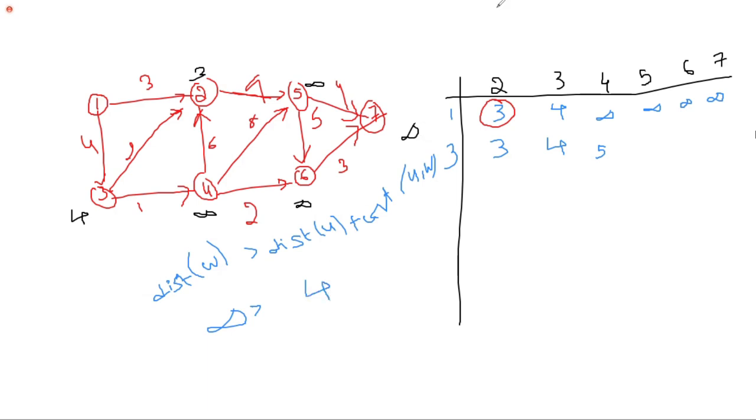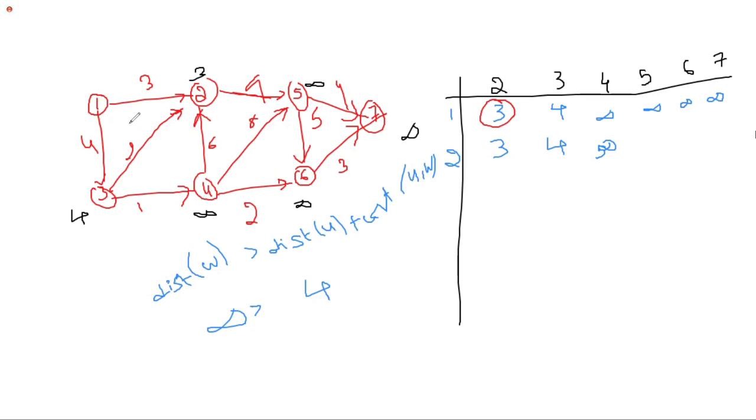Sorry ma, here it is 2. Corresponding, this is the cost, but we are writing the vertex, no. So this is vertex number 2 we are considering. So via 2 to 4 is not possible, 2 to 5 is possible, that will compare. So distance of W, that is 5's distance, is initially infinity.